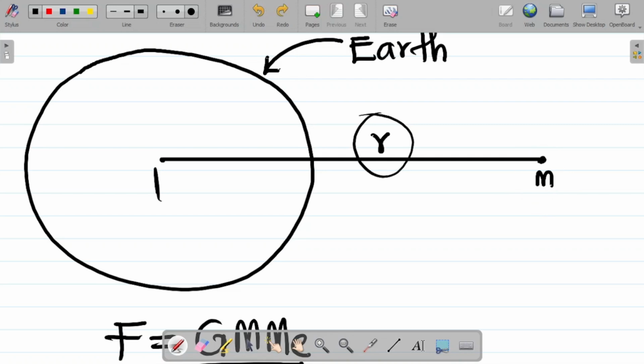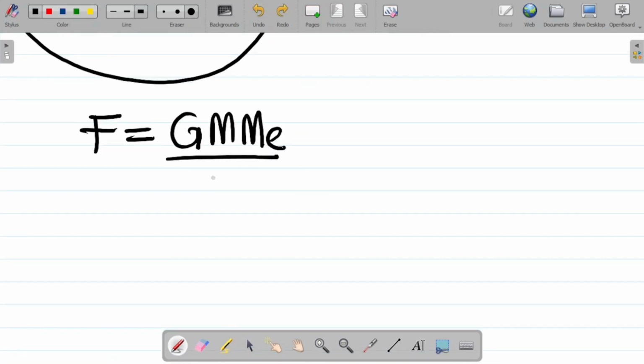So all over r squared. This is the force of attraction, no matter how small it might be, between the Earth and the mass. Now this is one.